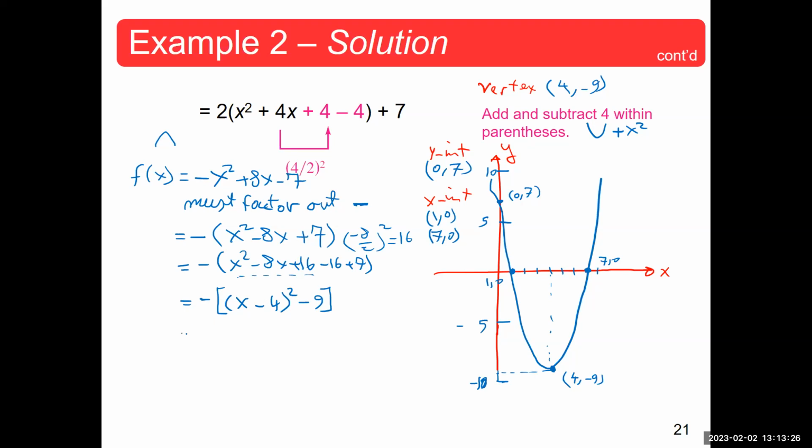Now move the negative to inside, this becomes negative, x minus 4 squared. I kept those big brackets because this now becomes positive 9, not negative. Now where is the vertex? It is 4 comma 9.